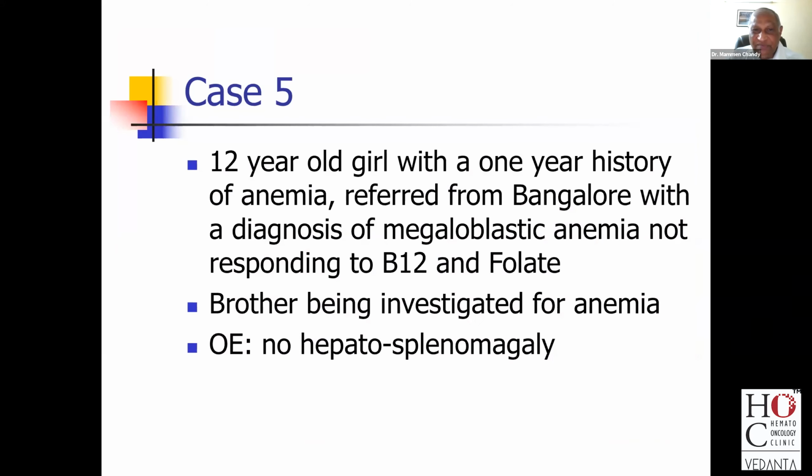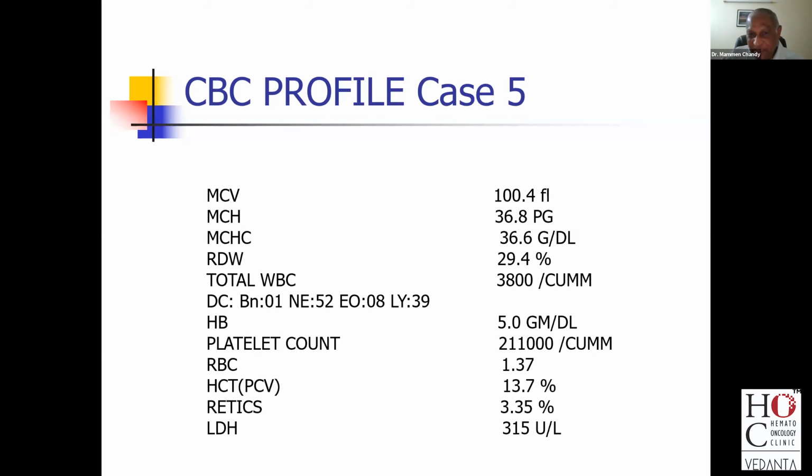Last case, a 12-year-old girl with a history of anemia, diagnosed as megaloblastic anemia. Her brother is being investigated, no hepatosplenomegaly. Okay, by the time she came to us, she had been treated. So her MCV was 100, hemoglobin was low, platelet count was normal, white cell count was slightly low.